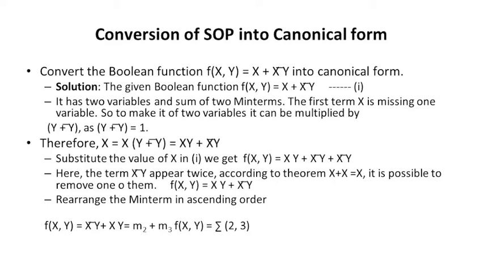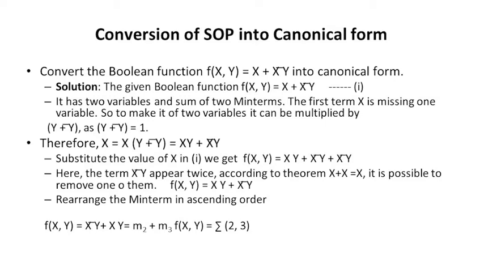So x equals x into y plus y bar, that is equal to xy plus x y bar. Substituting that in equation 1, it will become xy plus x y bar plus x bar y. Here the term x bar y appears twice. According to the theorem, if an expression appears twice, then we can remove one. So xy plus x bar y.